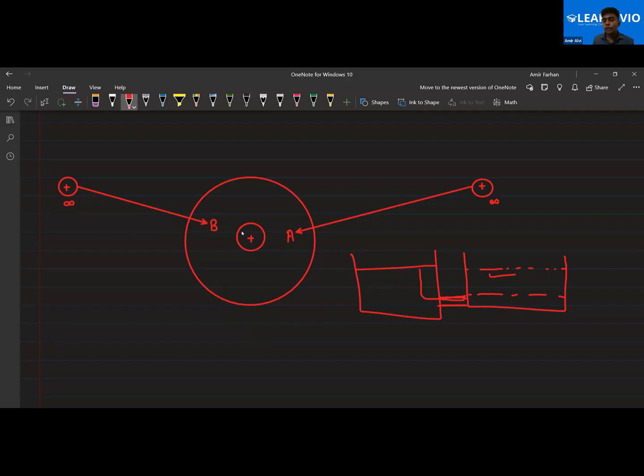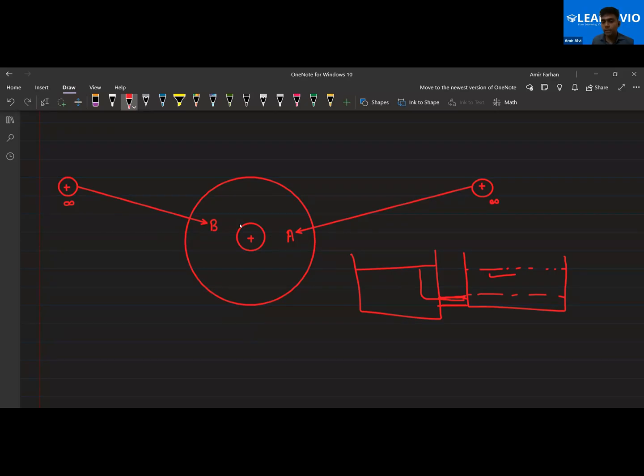So the flow of electrons would be from higher to lower potential, just like water. In a waterfall, the water falls from the higher point to the lower point. That's the same concept in potential difference.